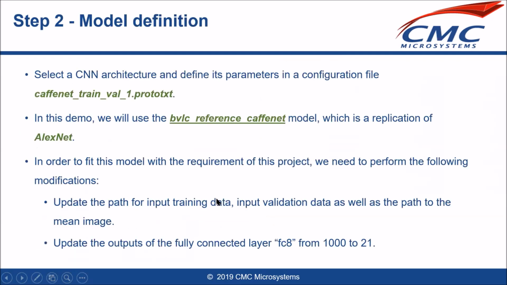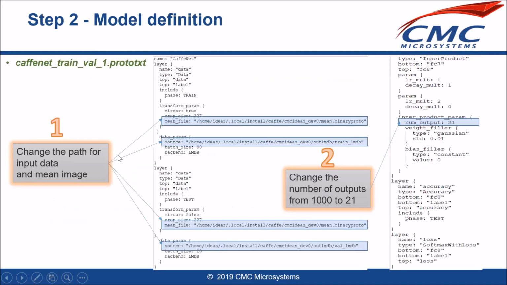For the model definition, there is a variety of models available within Caffe. In this case, we use CaffeNet, a replication of AlexNet. But we need to make some changes to the model provided by Caffe, and these are the changes we need to make on each model before training. We need to update the path to the mean binary, which is generated from the images we use.